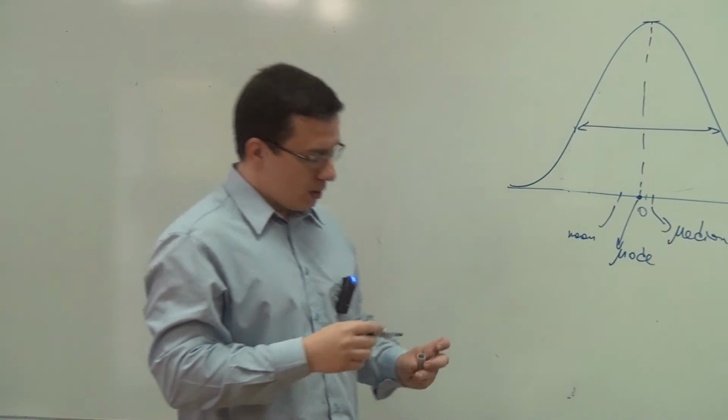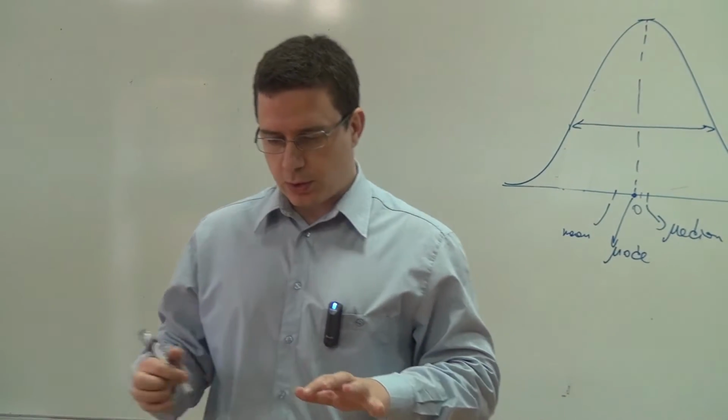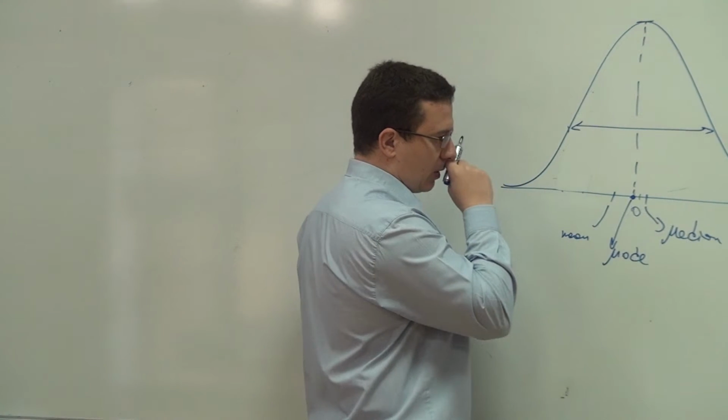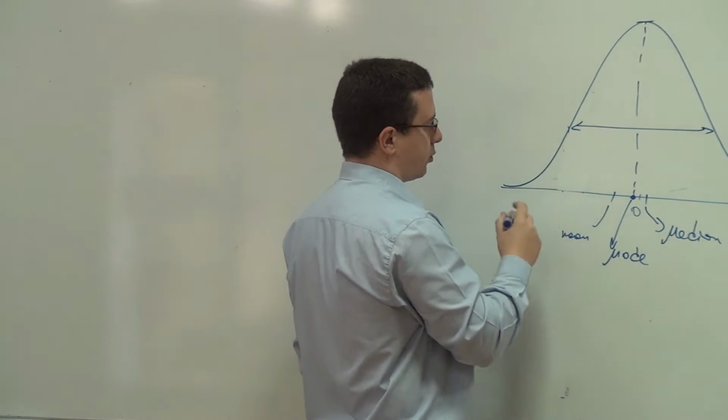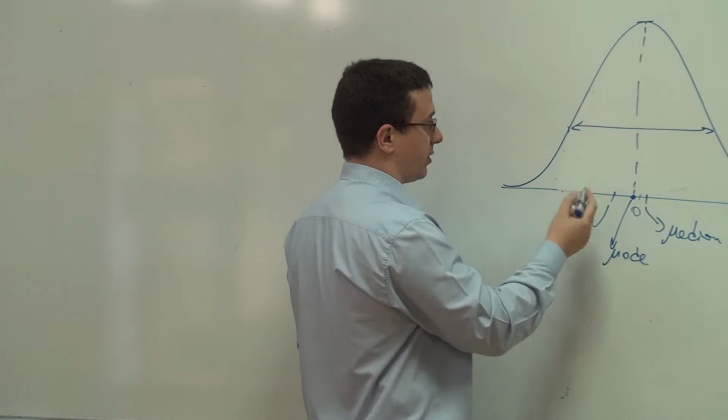Asymmetry. Asymmetry is a way to judge which of the tails is more probable. If they're equal, there is no asymmetry. So we're speaking about symmetric random variables.